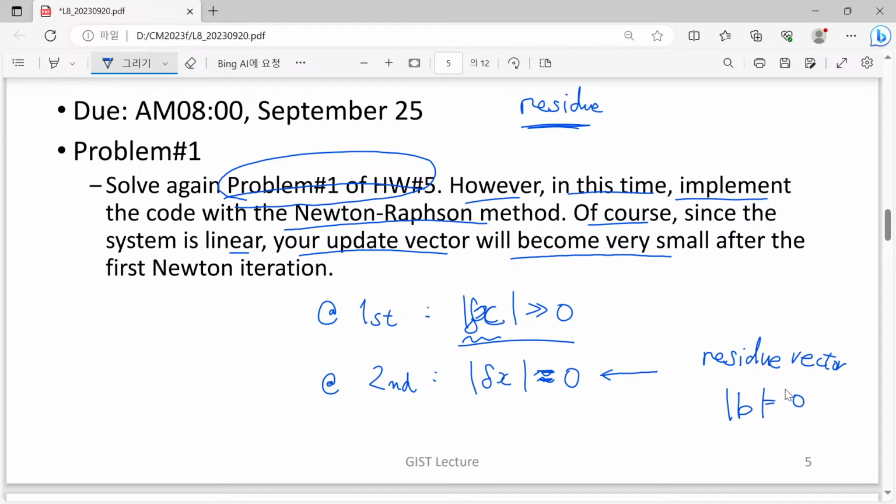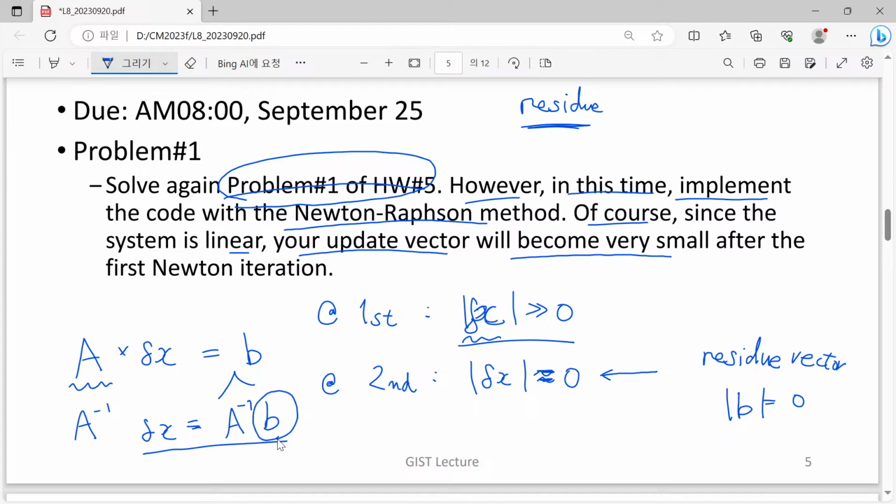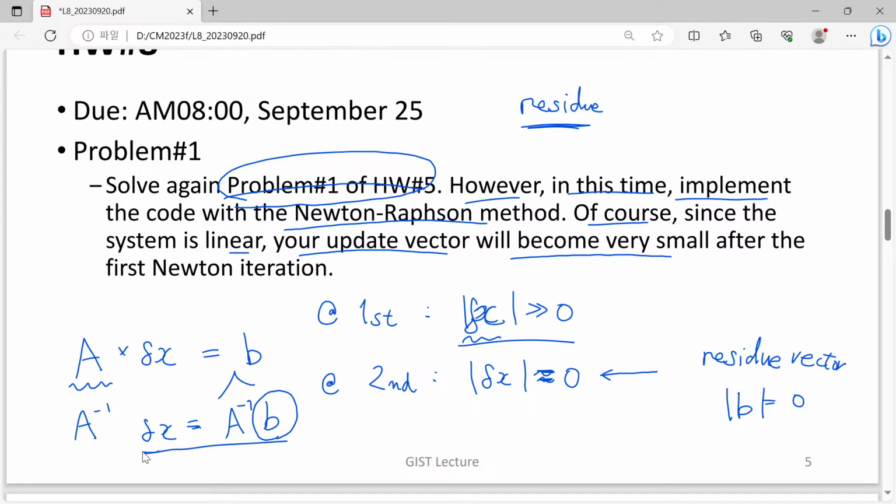So since your b vector is not 0, when you have a Jacobian matrix and your update vector, this one has a non-vanishing inverse matrix. And when you apply the inverse matrix, you will get delta x equal to inverse A times b. So since this is not 0, maybe you will have a non-zero delta x.